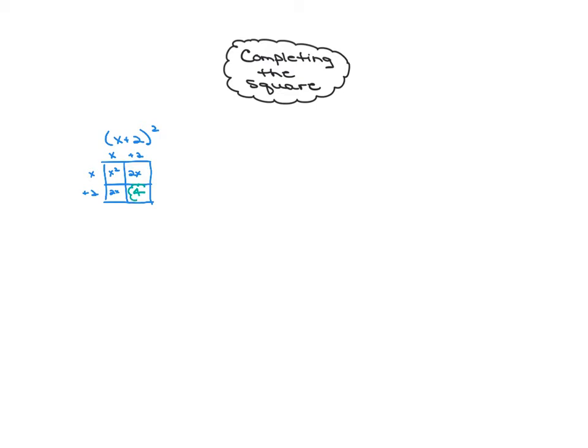It's this number right here that completes the square. And that's where the name came from. So if I wanted to multiply out the binomial x plus 2 squared, it's equal to x squared plus, notice we have two of these, 4x plus 4.